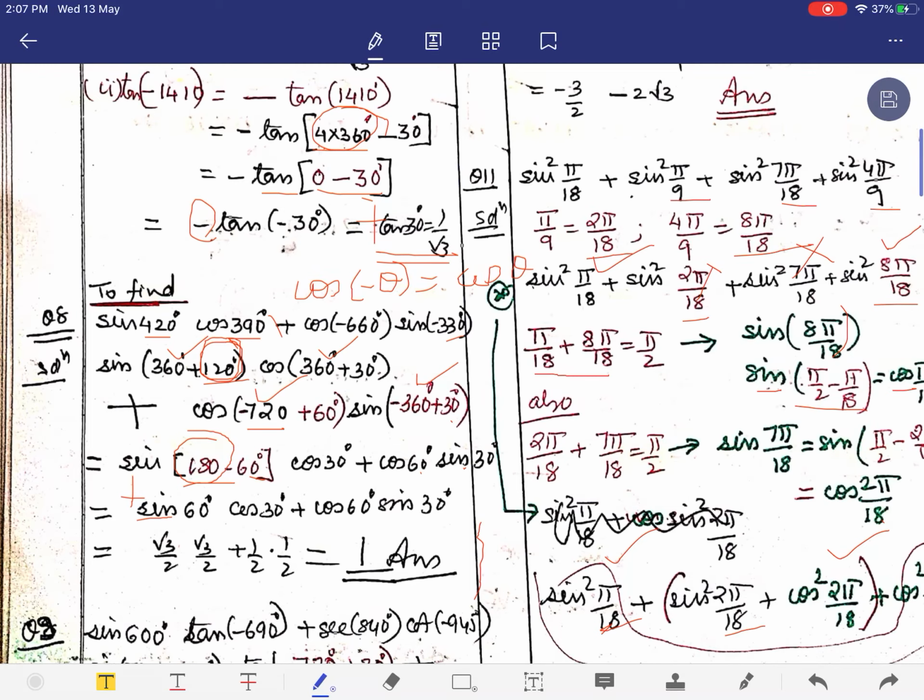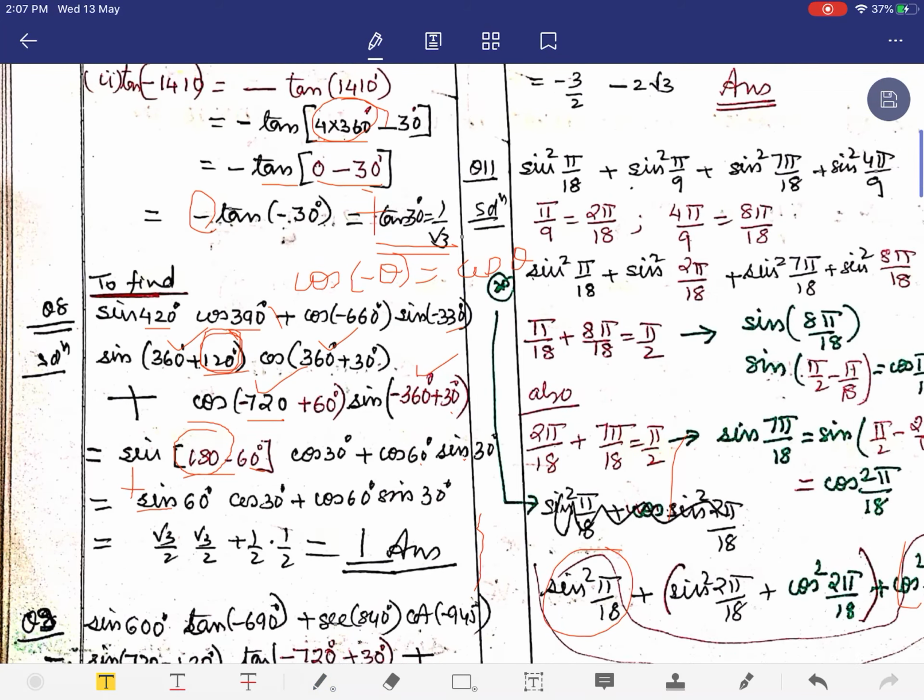But we can connect the ratios, as this is sine square pi on 18, and this is also cos square pi on 18. It is read as sine square theta plus cos square theta. So the value of it is 1.